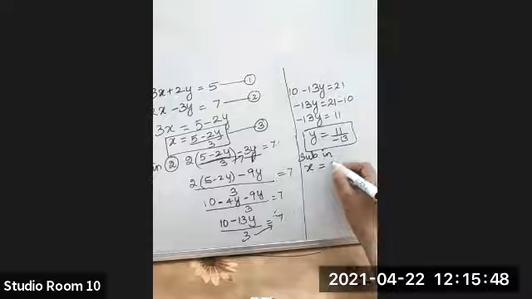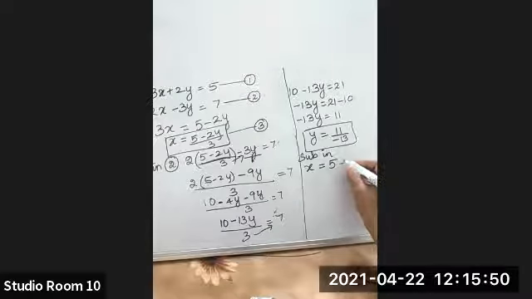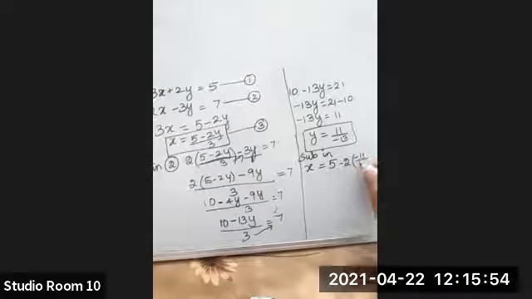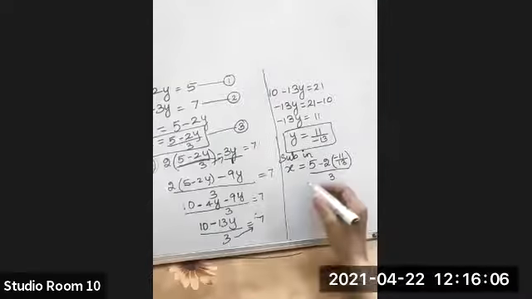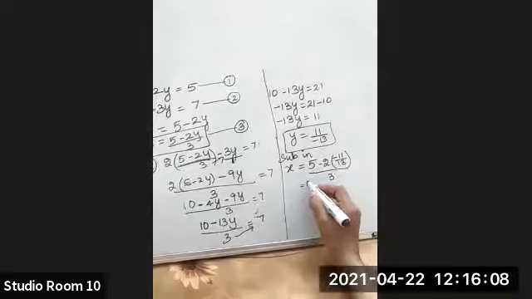Okay. So x is equal to, listen. When you substitute here, 5 minus 2 into minus 11 by 13, all by 3. 2 into the value of y, which is negative 11 by 13. So what is negative into negative? Negative into negative will become positive.